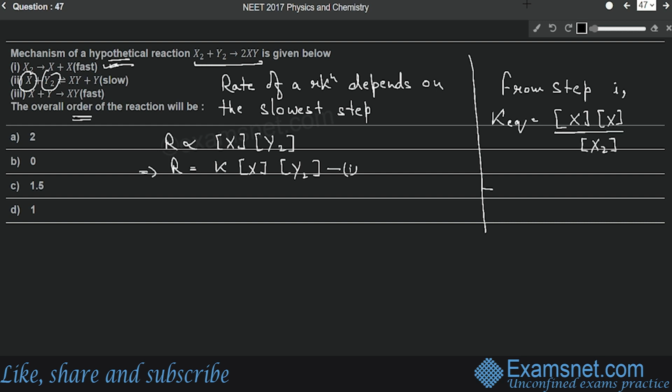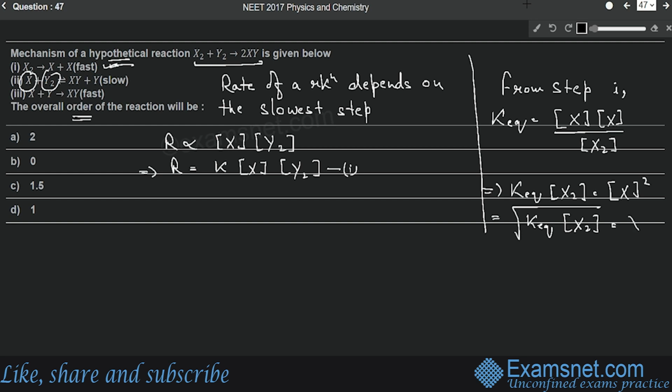So K equilibrium into X2 will be equal to concentration of X square. Now we can find the concentration of X by finding the root of this, right?